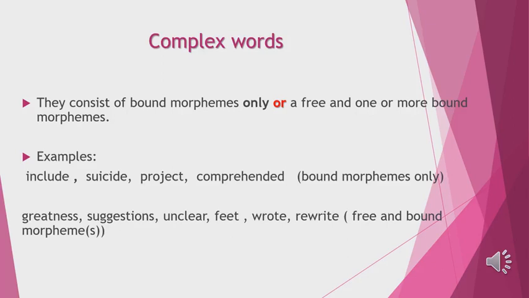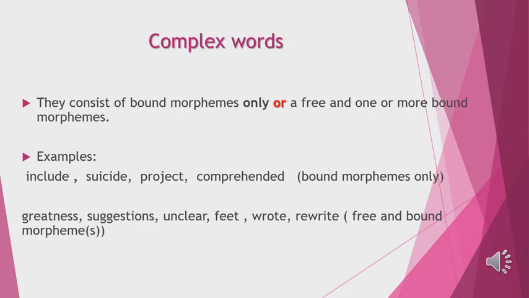Let's have examples. Include. Include is a word that consists of two bound morphemes, in and clude. We have two bound morphemes, so this word include is called a complex word because it has two bound morphemes.